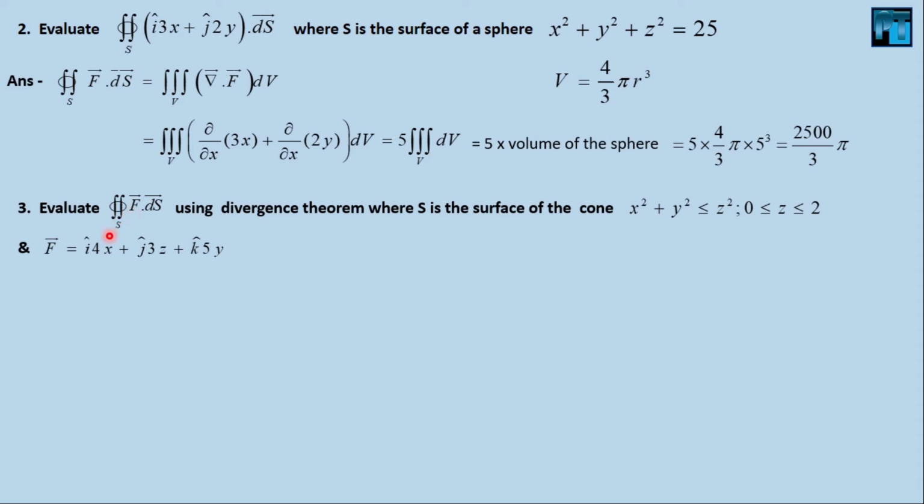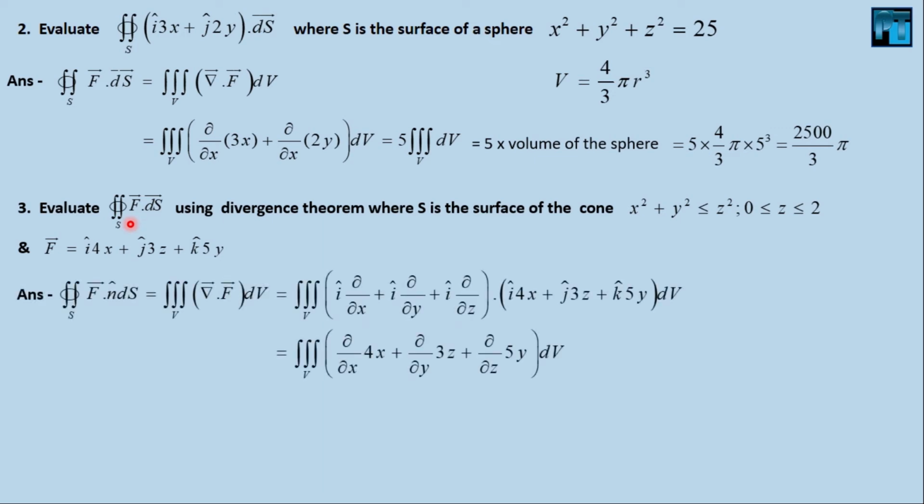So you may get the question like, evaluate the flux of the vector through a surface S, where S is the surface given like that. So irrespective of flux of the vector through a surface or evaluate this integration, you are free to use the divergence theorem. Let's use the divergence theorem first.